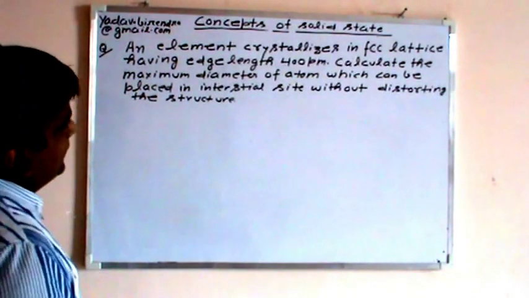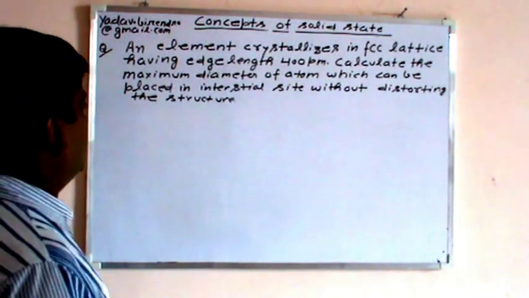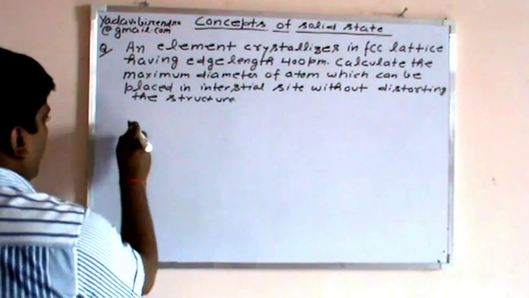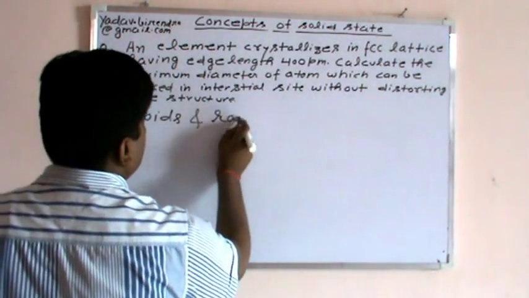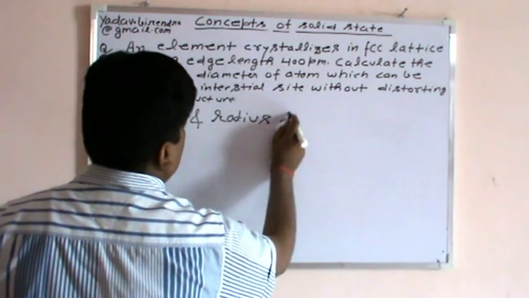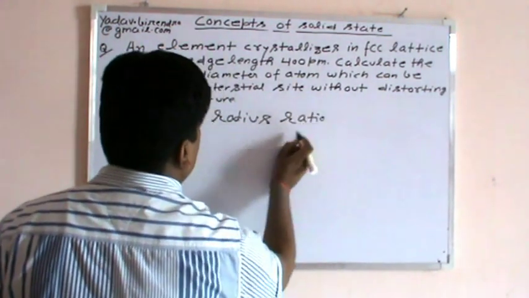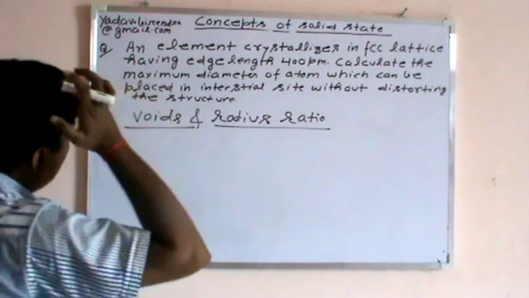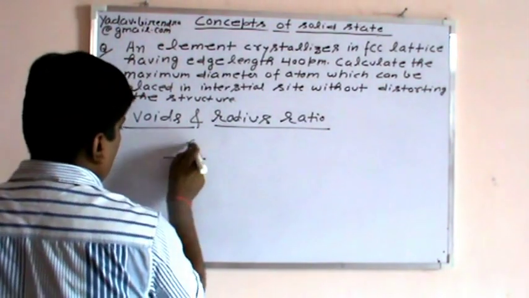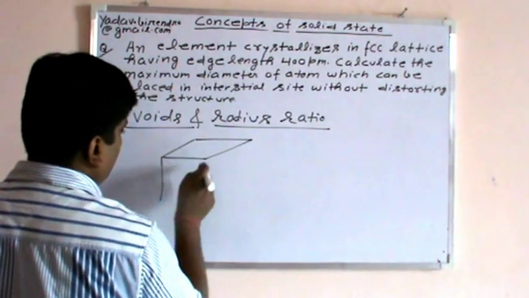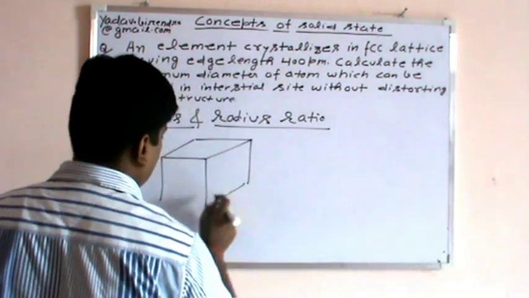Now to deal with these types of questions, we need to know the concept of void and radius ratio. Consider FCC unit cell. FCC unit cell can be drawn in this manner.